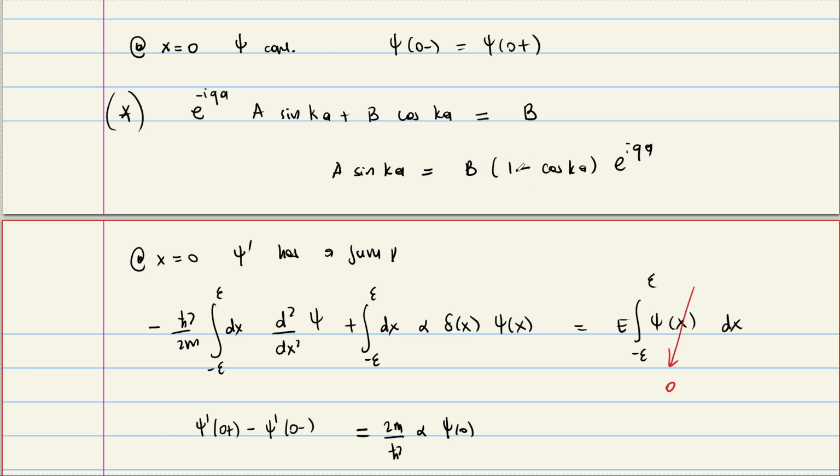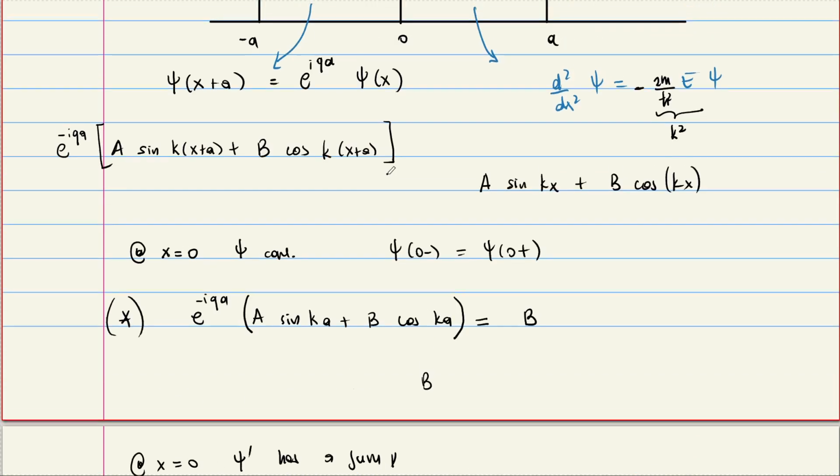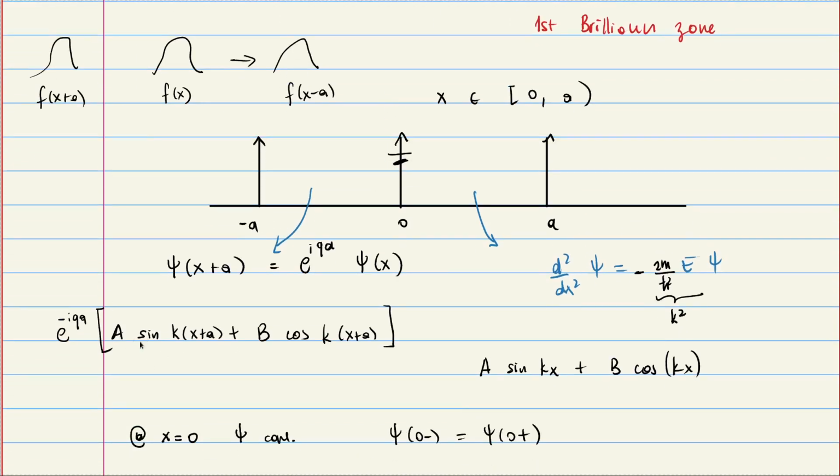Here's the problem. I am trying to solve this one, so this is incorrect. Now I found the problem. A sine Ka is going to be B. There is a parenthesis here, because we are trying to put in the boundary condition.